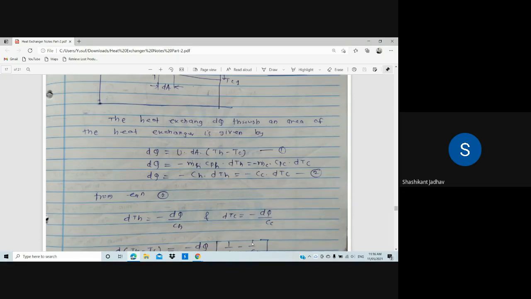dQ is equal to U into dA into bracket Th minus Tc, and this is equation number 1.